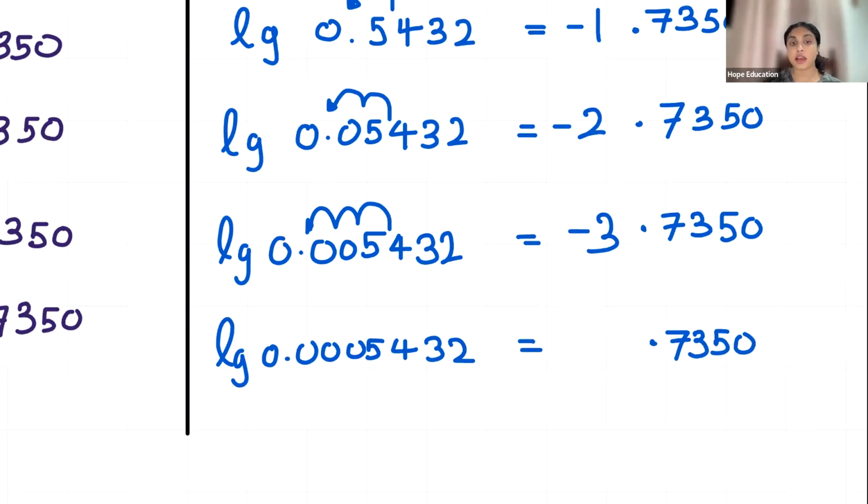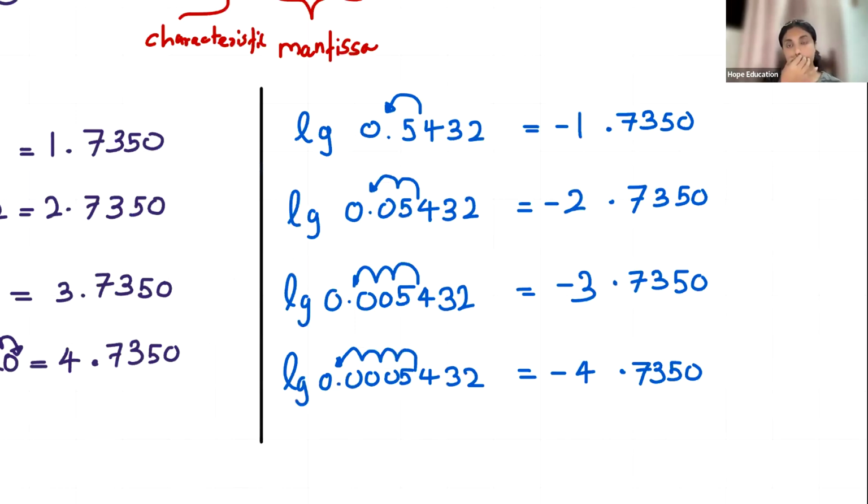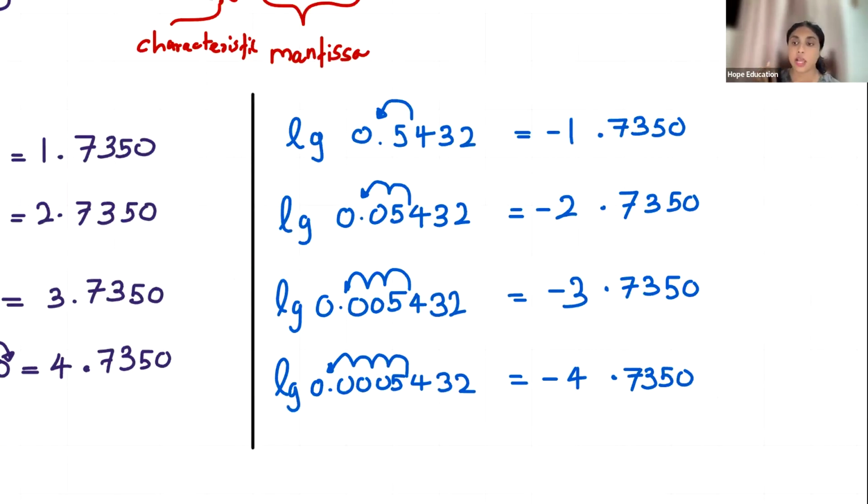This is the default position, and 4 points have gone to the front, so it's -4. Up to this point, is it clear?